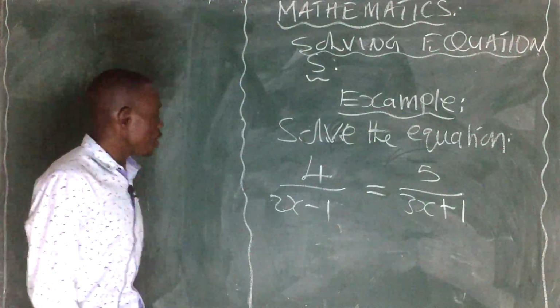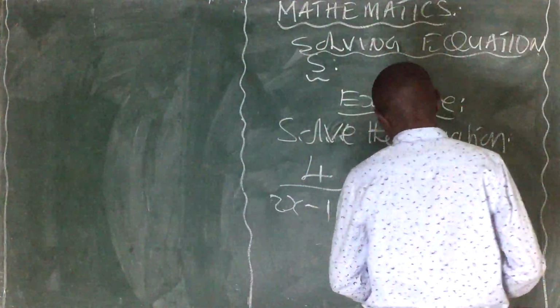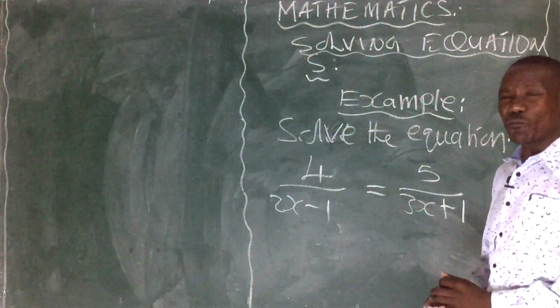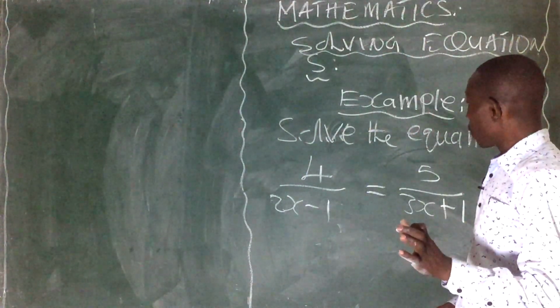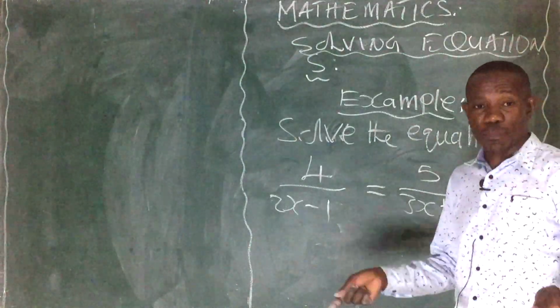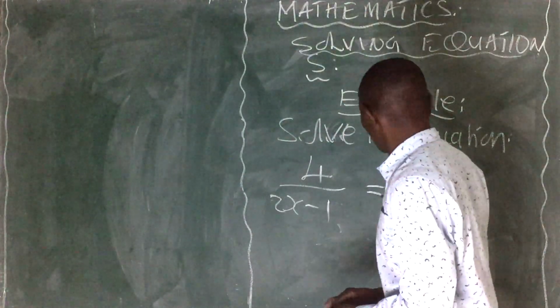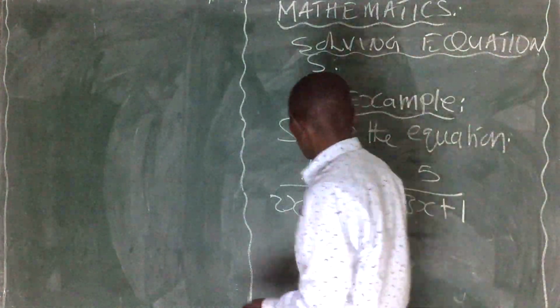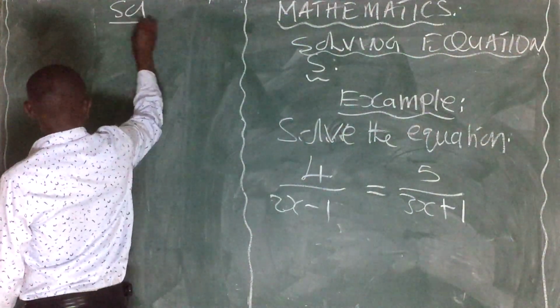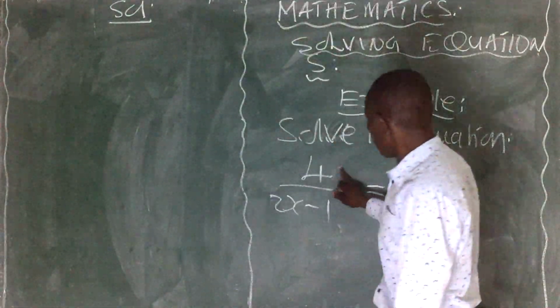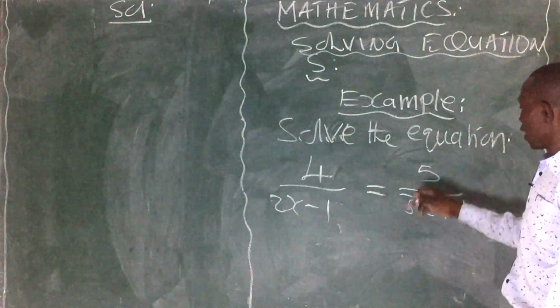Each time we need to solve equations, we have two main methods. I'll discuss them with you, and it'll be up to you to decide which method to use. In this case, we have one fraction on the left hand side and one fraction on the right hand side.